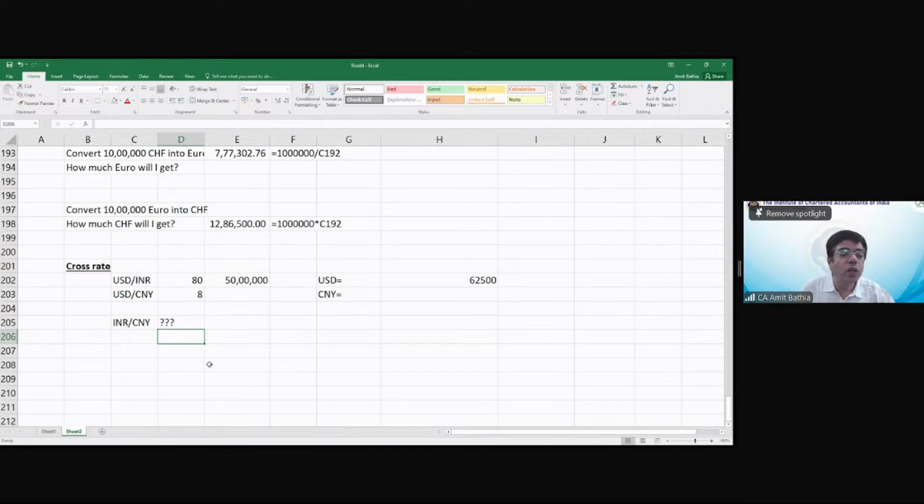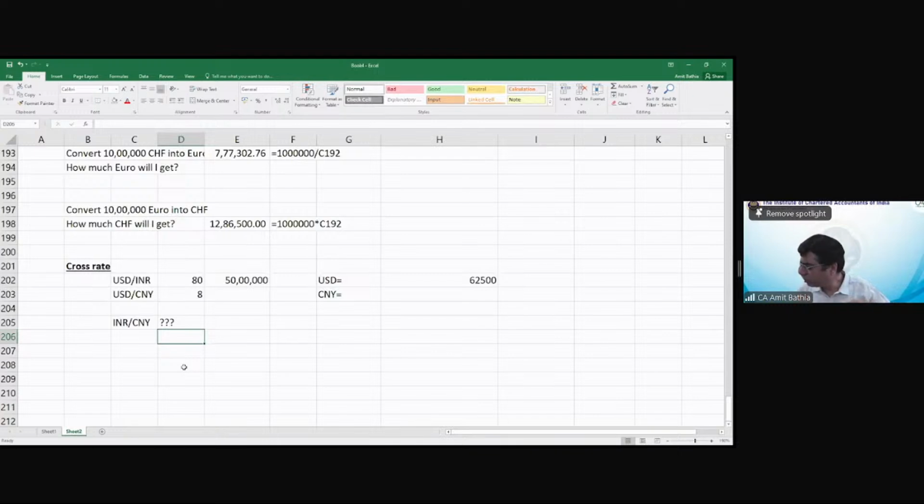I will come to the amount also; I am talking about the rate. So I want INR in the numerator and CNY in the denominator. Can I do something, multiplication etc.? The reversal of the rate of INR and USD. Then I get INR in the numerator and CNY in the denominator.